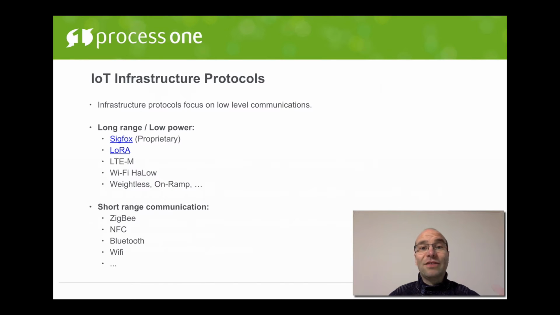The drawback is that the bandwidth is very narrow, and you cannot pass a lot of data using that protocol. Then there is LoRa, made by the LoRa Alliance, which is a competing protocol to Sigfox, wants to be open, and is made by several manufacturers.